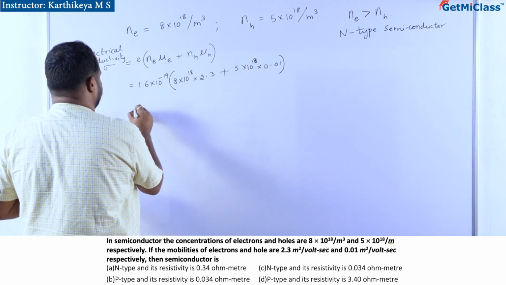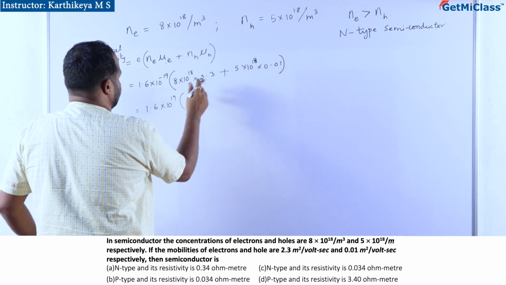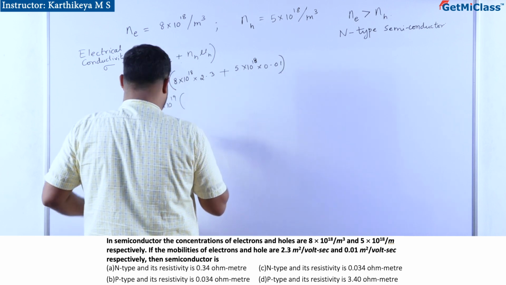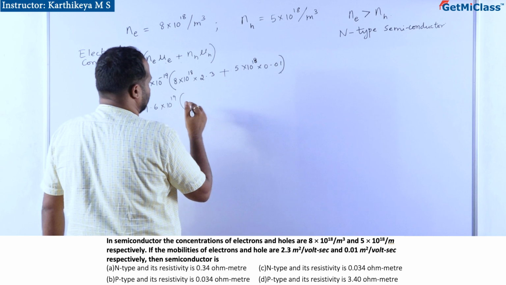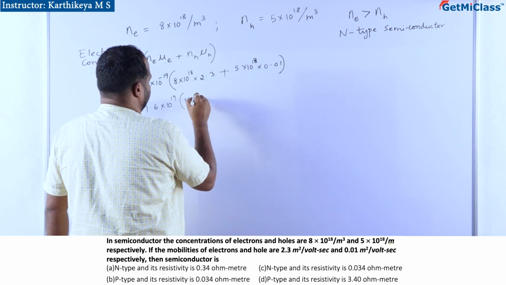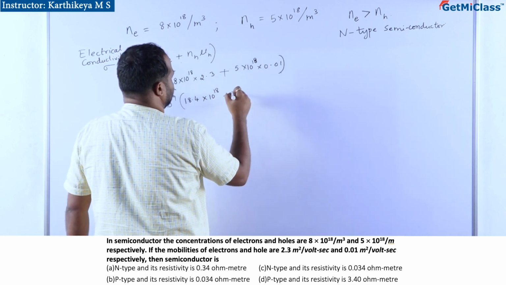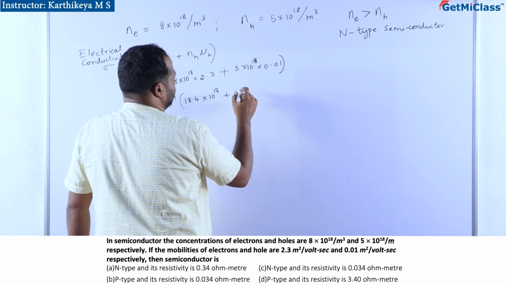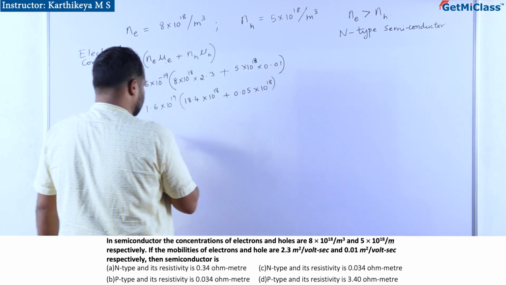Now we have to multiply all these things. 1.6 into 10 to the power minus 19, 8 into 2.3, that will come around 18.4 into 10 to the power 18, plus 5 into 0.01, this will come around 0.05 into 10 to the power 18.